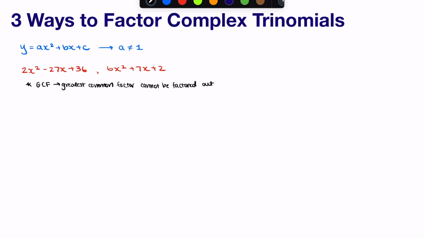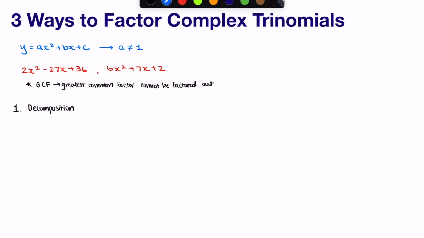Okay, so the first way to factor complex trinomials is using a method called decomposition. And using the method of decomposition, we want to do two things. So let's look at an example.